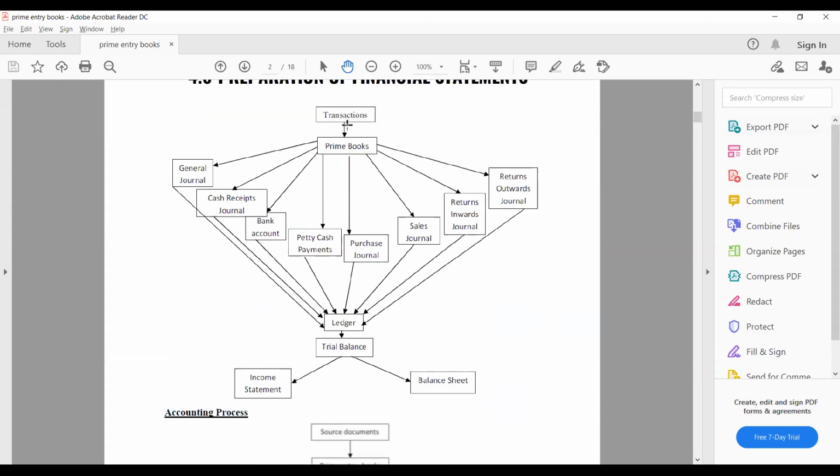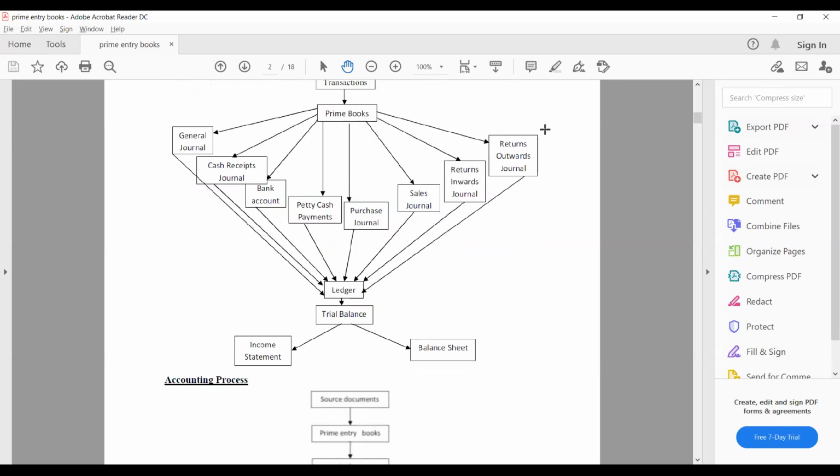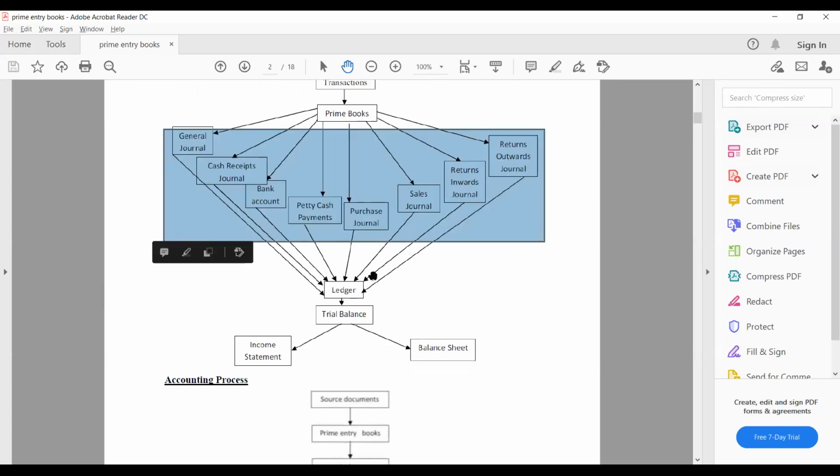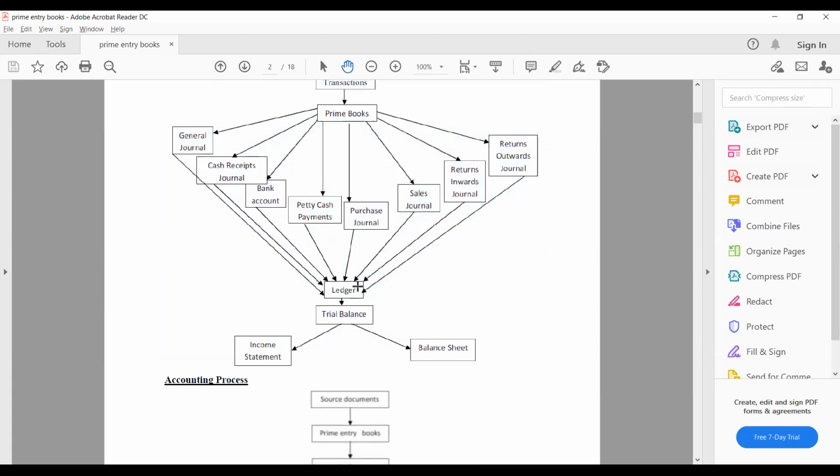So in prime entry books, we have the cash receipt journal, the cash payment journal, the bank, the petty cash payment, purchases, sales, return inward, return outward, and the general journal. So by taking the balances from these prime entry books, we prepare the ledger, right? The general ledger and sub ledger.